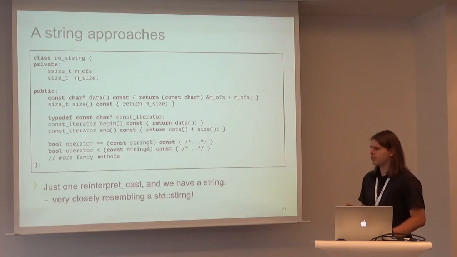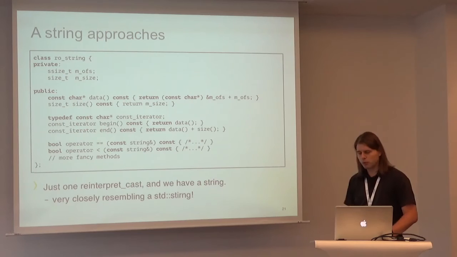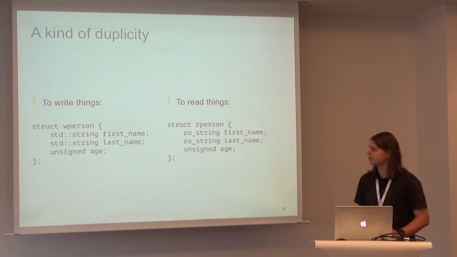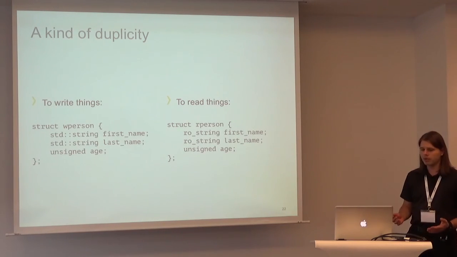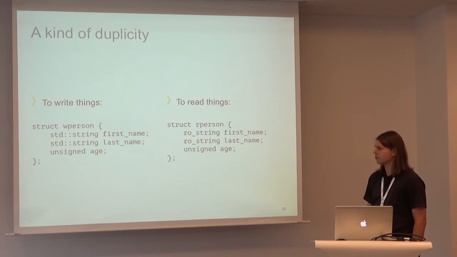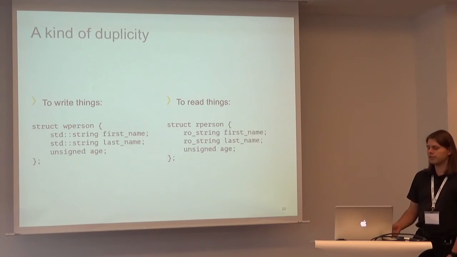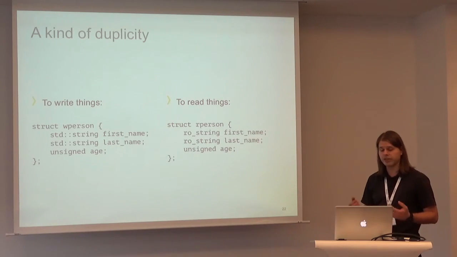So we maybe try to propagate this approach to our user-defined structures. But there's where a kind of duplicity emerges. In order to write data, we need something to write. So we have to define, well, what I call struct W person, person to write, which consists of two standard strings which can be created and populated and then serialized.